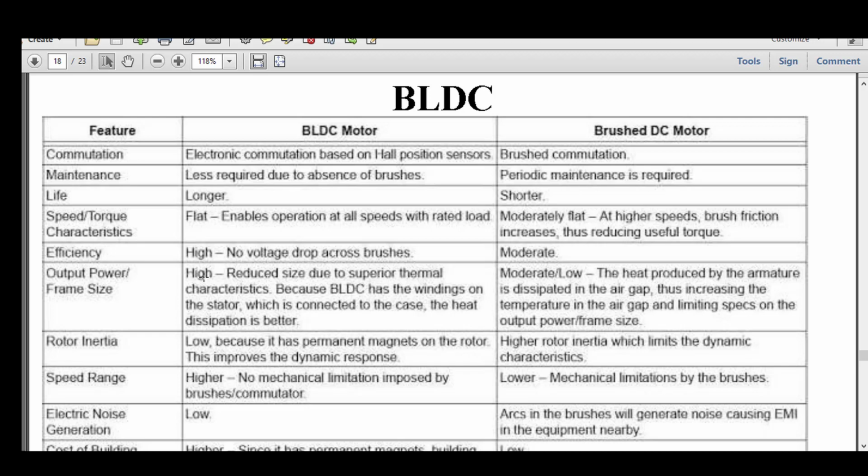And if the machine is not under maintenance and needs maintenance, then it can fall to 60% also, or if you do not operate near the optimal point. Now if we consider the torque to volume ratio or torque to inertia ratio, in the case of BLDC motor it is very high, but in the case of brush DC motor it is quite low. So if we need a compact application, we should go for a BLDC motor.